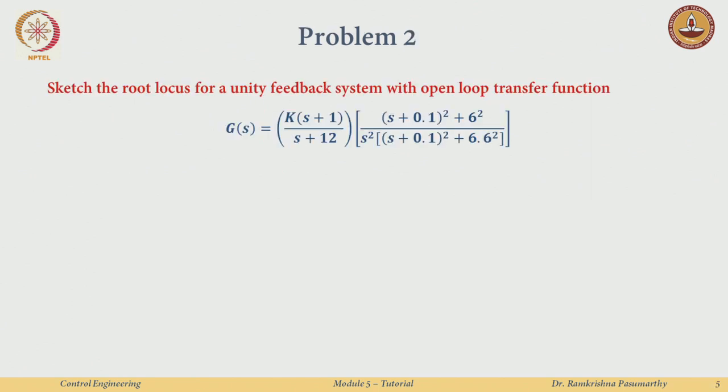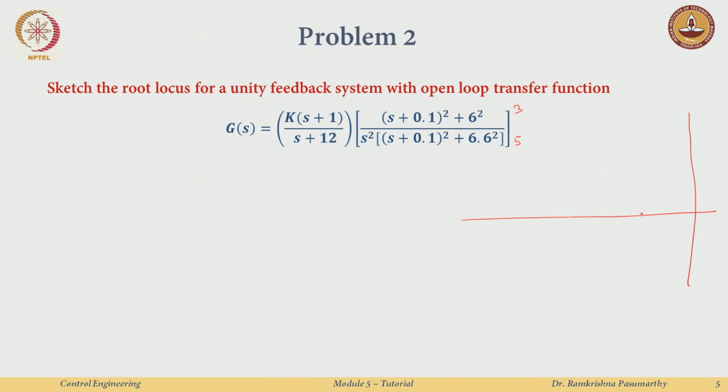Okay. So, the second guy. Here I have 3 zeros, and I have 1, 2, 3 or 5 poles. So, 5 poles would mean 5 branches. So, let us just locate these poles and zeros.